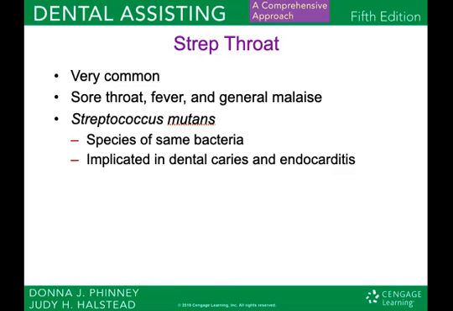This will prevent bacteria from adhering to whatever's inside of their body. And that bacteria can actually grow and get into the bloodstream and cause major heart problems.